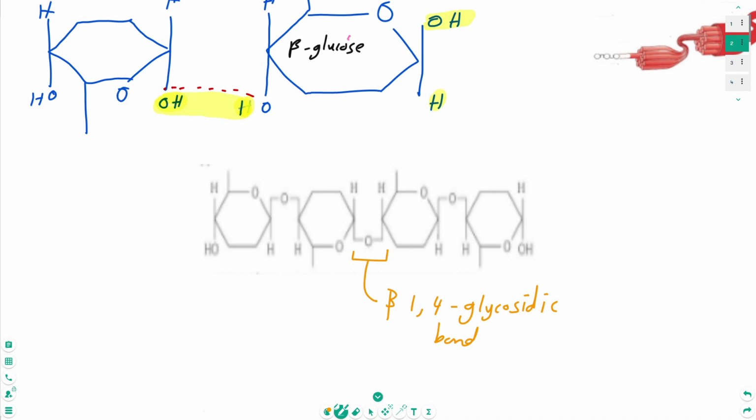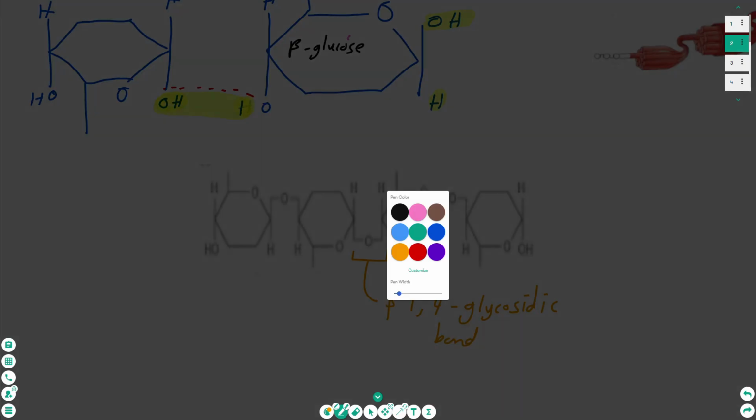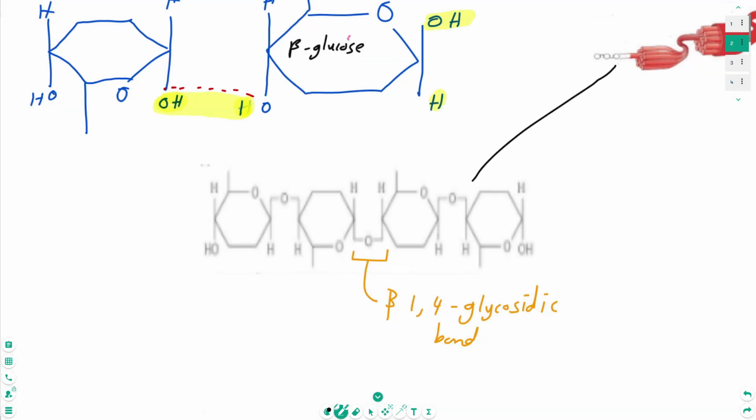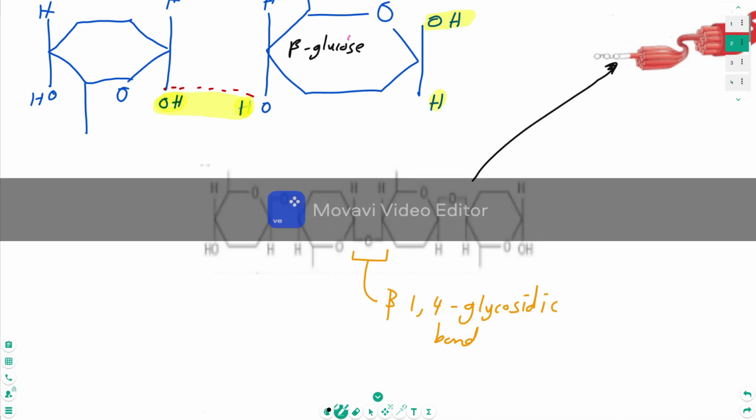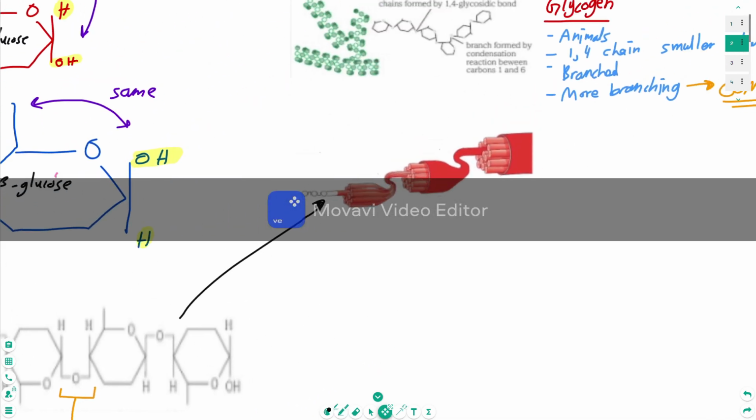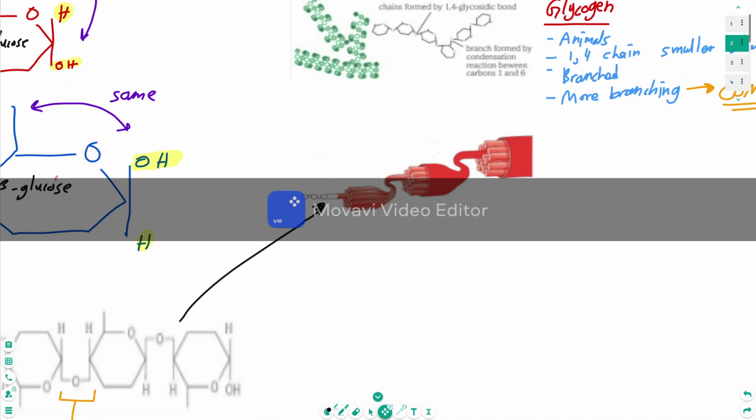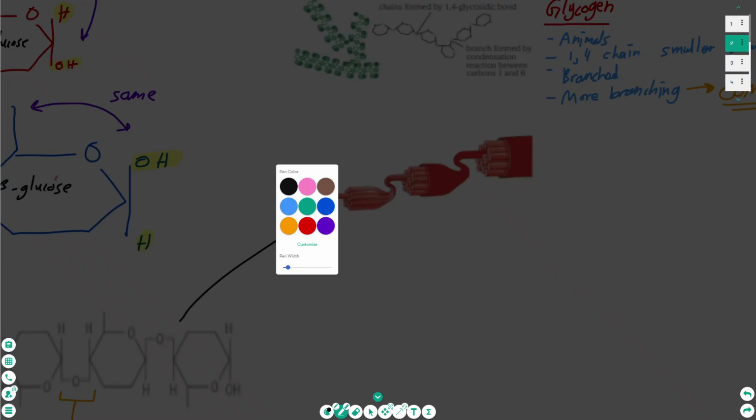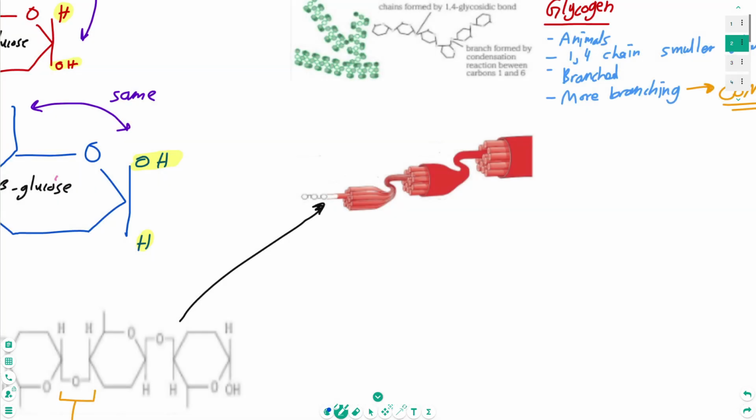So basically this is just one straight chain of cellulose within a multi-chain structure. So this is one chain, is what you see here. This is several hundred chains formed into a microfiber.